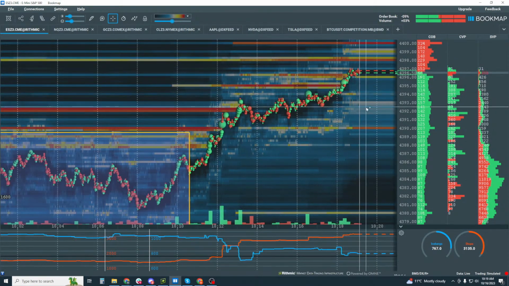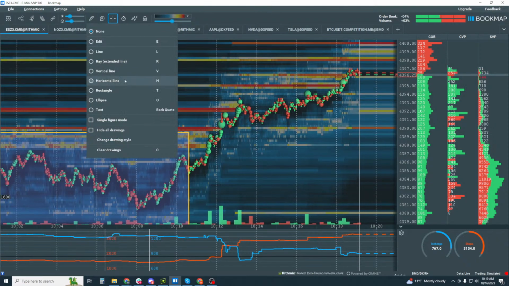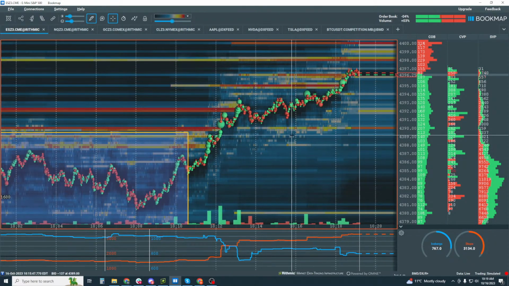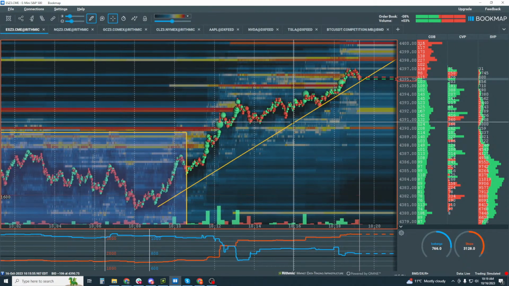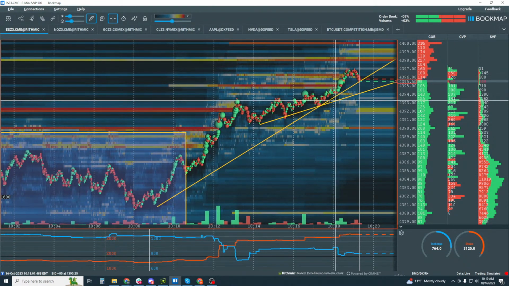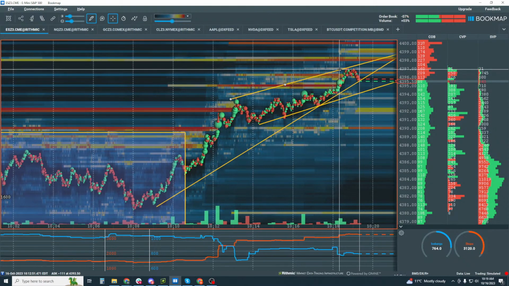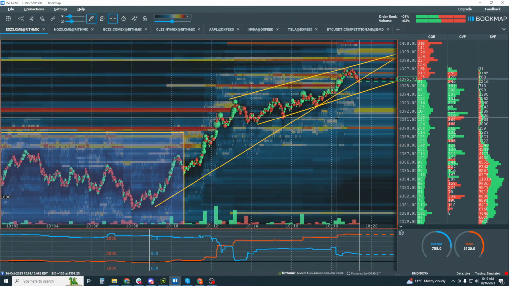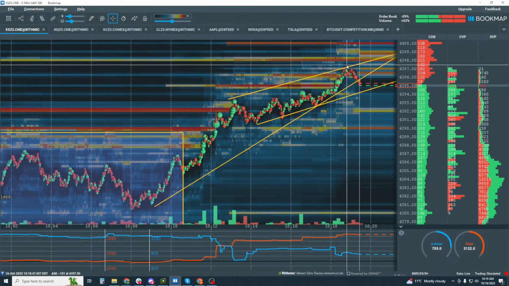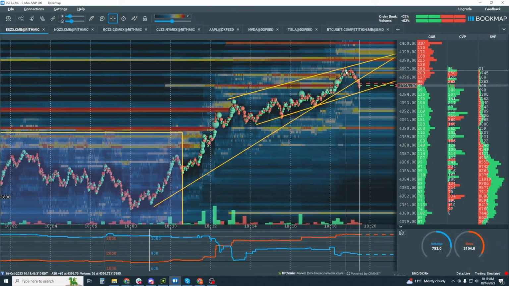All right, so now let's draw a structure around this here because it's starting to kind of look like a channel coming here. What's happening in this channel is we're not finding buyers at the top of the channel here.